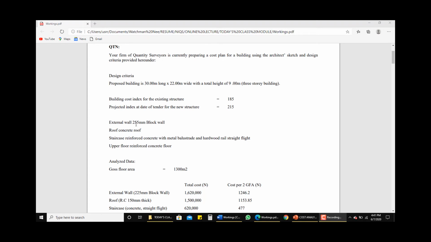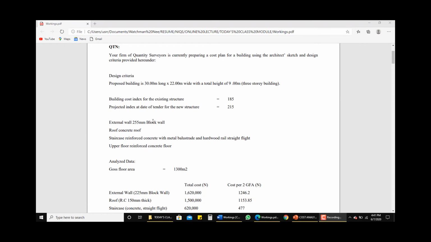The external wall is 225 block wall. So like I said, while we were looking into cost analysis, your cost analysis must be accompanied with specification. That is, there must be a specification on the level of finishing, and also regarding the overview of the nature of the project.